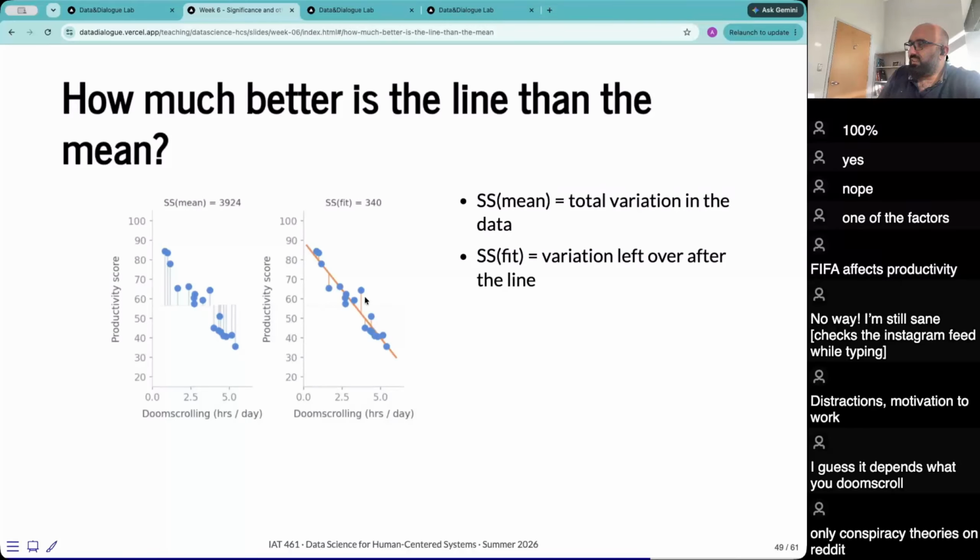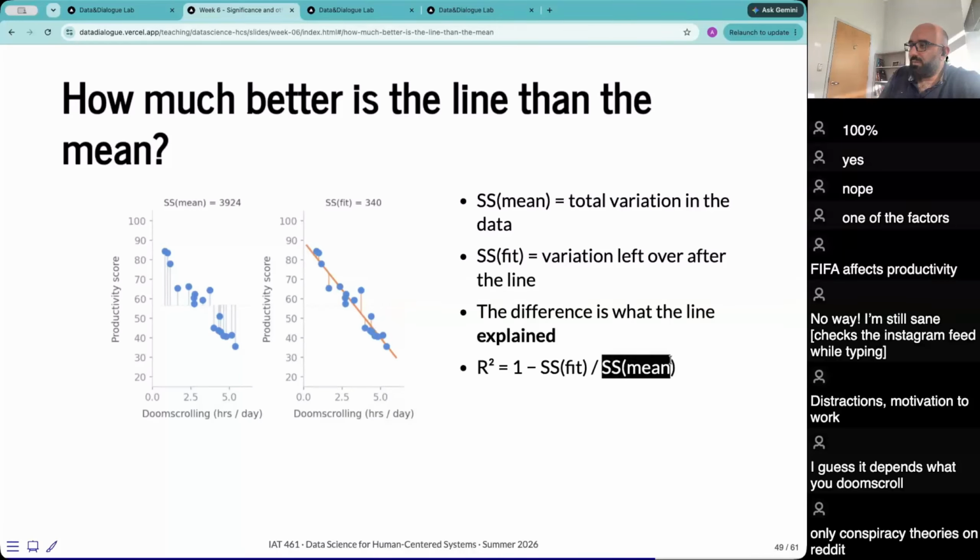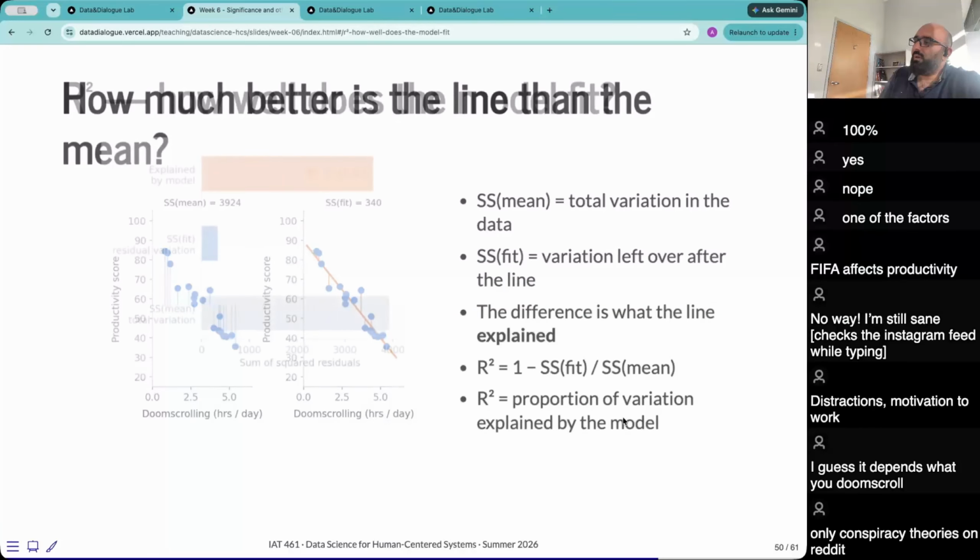The SS fit is the variation left after we draw the line. The difference between them is what we explained, right? So we divide the fit by the mean. That's the percentage that the line doesn't explain, and we take 1 minus that, which gets us R squared, the proportion of variation explained by the model.